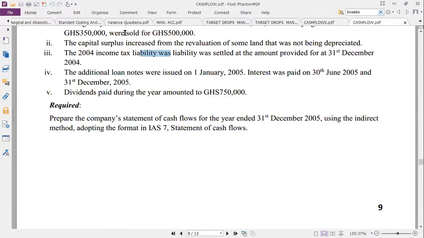And such a note will confirm 2004 and 2005. So it goes like this: the income tax liability was settled at an amount provided for at 31st December 2004.